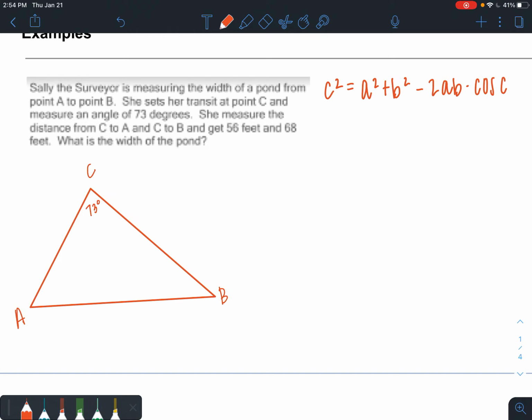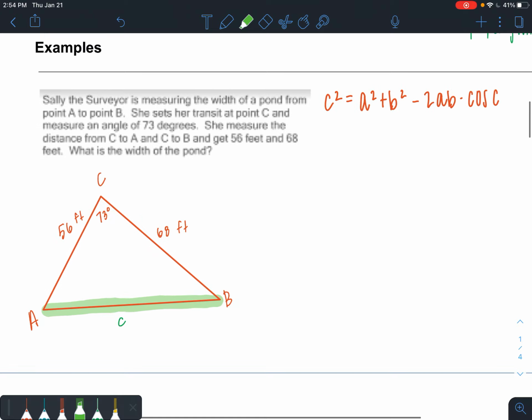She measures the distance from C to A and C to B to get 56 feet and 68 feet, respectively. What is the width of the pond? So we are looking for c in green, that width of the pond there.